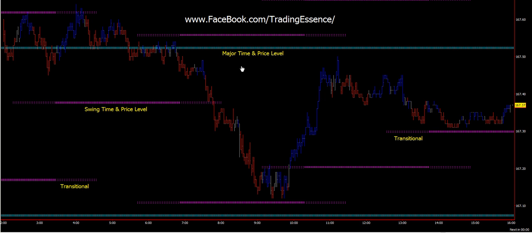What you're looking at here is what I call the time and price template. And as its name would dictate, it's based upon time and price. The reason that I use time as the first word is that it's primarily based on time. Time is the most important element when trading the markets.